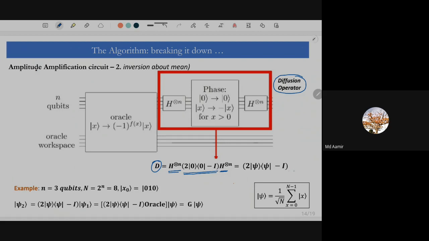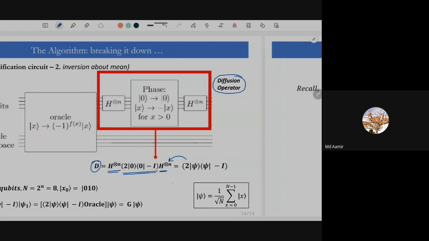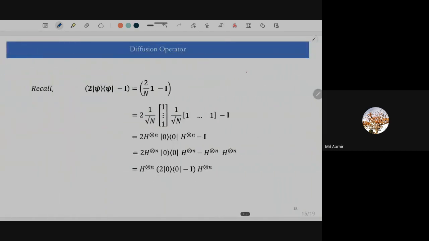Now how can we get this part from this 2 psi outer product psi minus I? Let's see how we can get that. We have this 2 psi outer product psi minus I, and that actually came from this part, 2 times the all-ones operator minus I, where this one is a matrix and this one is the identity matrix.